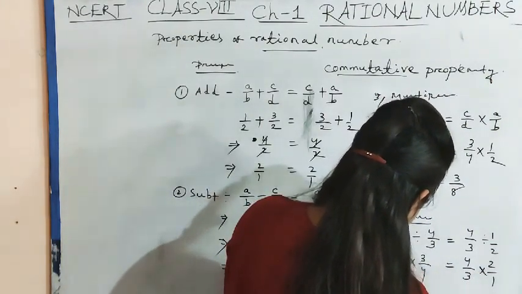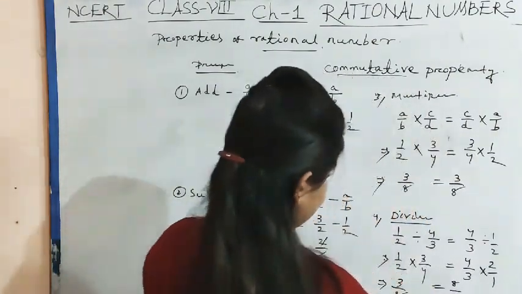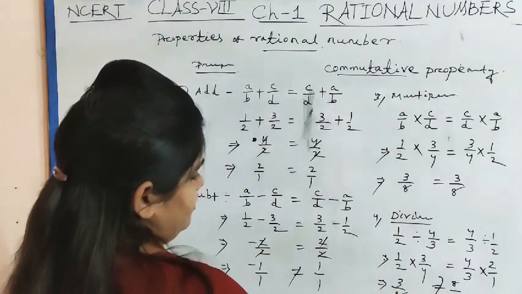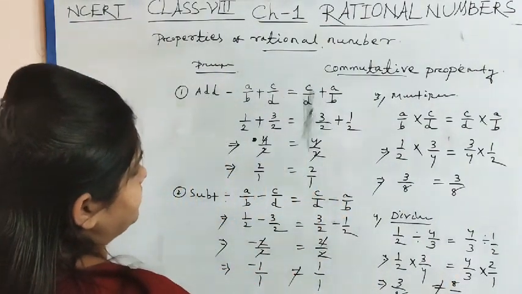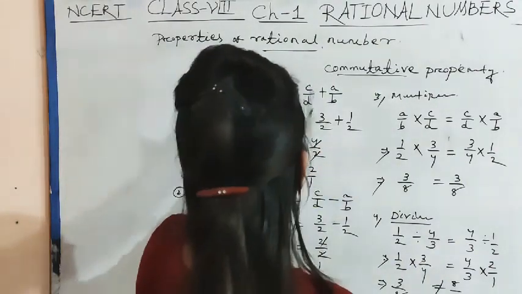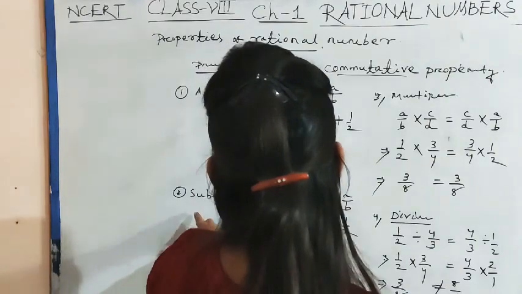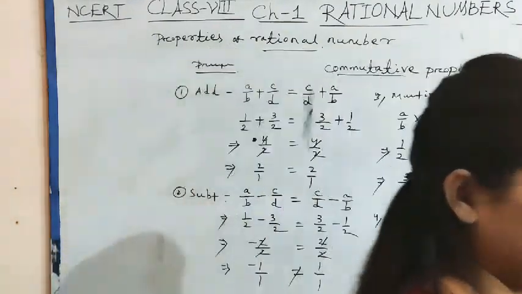So your answer is 3 by 8. Your answer is 8 by 3. Reverse. See, both are not equal. Okay. So division is also not under the commutative property. So we conclude that addition and multiplication are under the commutative property, but subtraction and division are not under the commutative property.